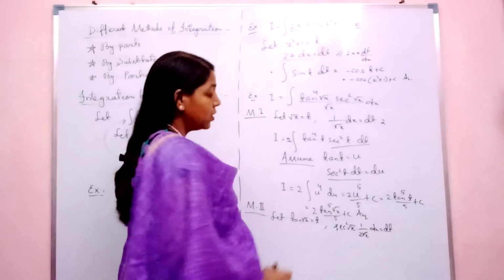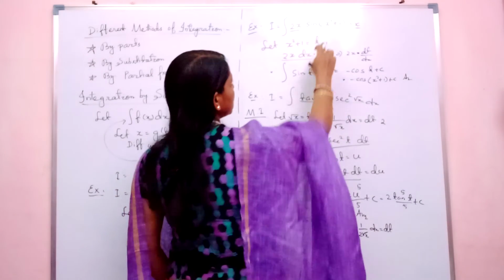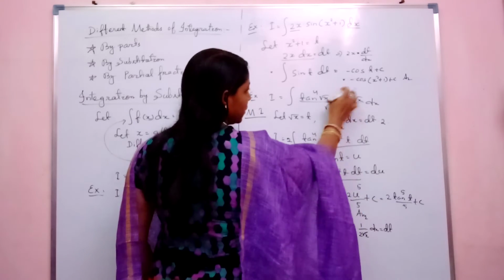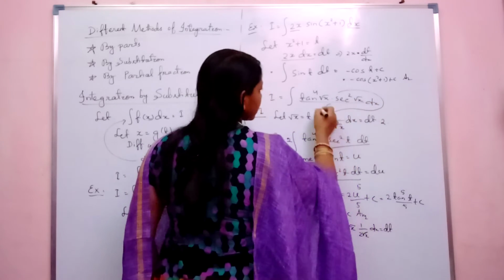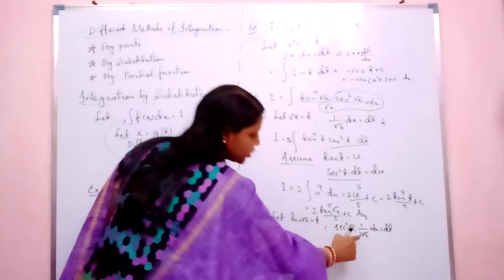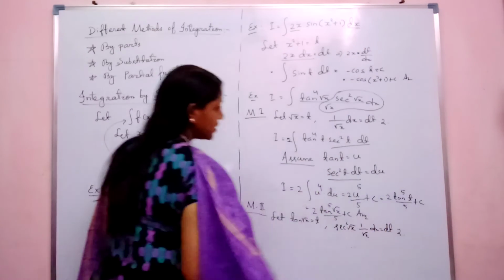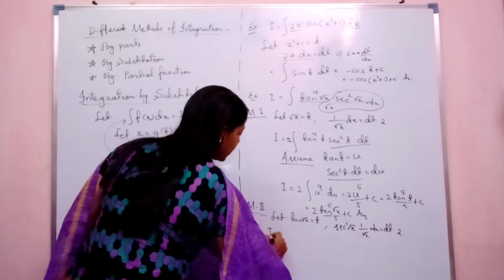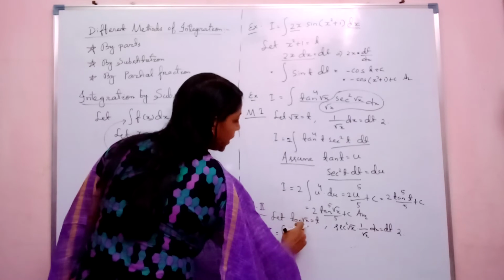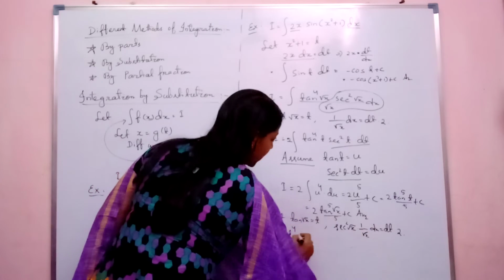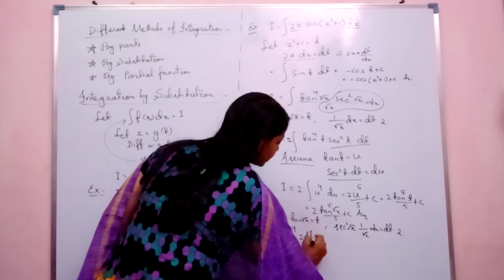Yes or no? So directly you check in your equation what they have given: secant square root x by root x. Directly you are getting this term or not? So these 2 take to this side. In one step you will get your integration, that is tan root x is t. So t to the power 4, and this whole part is 2 into dt.